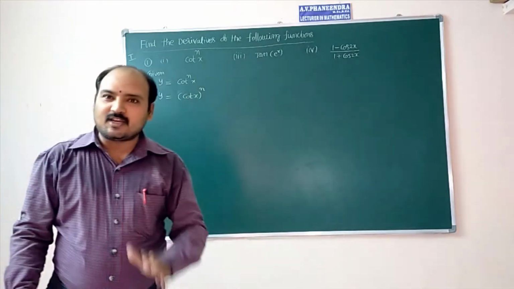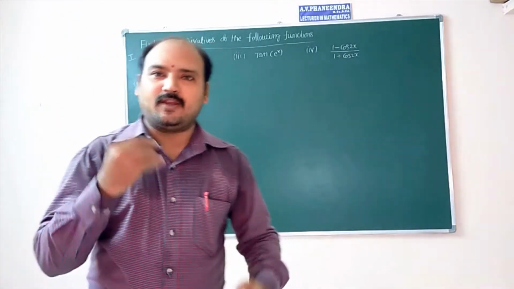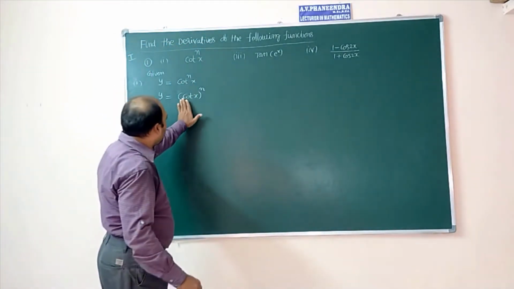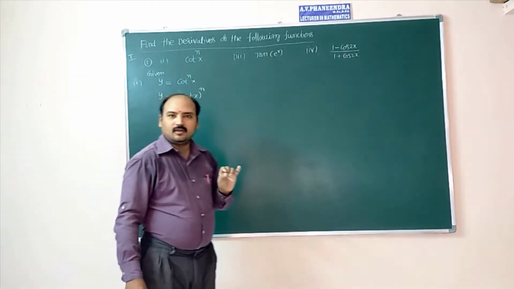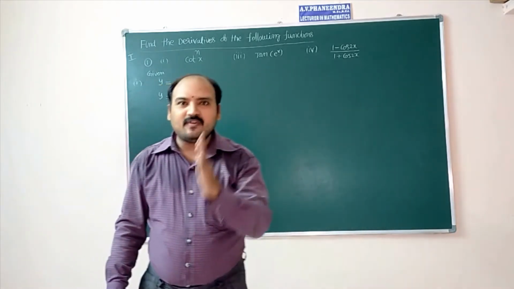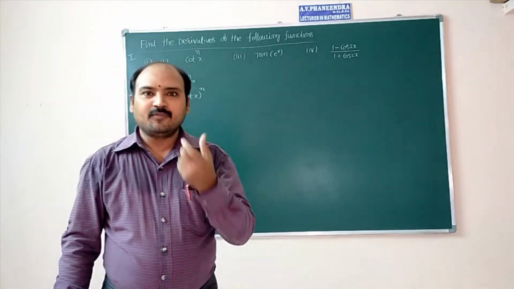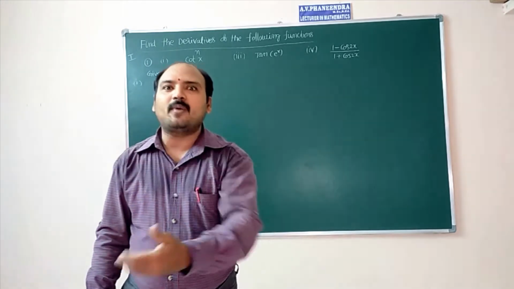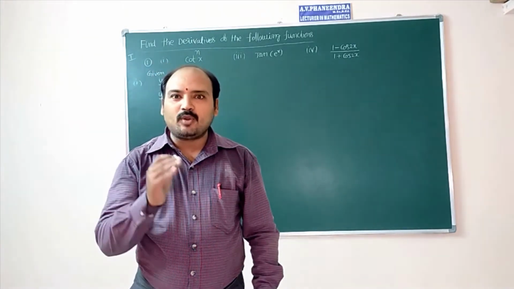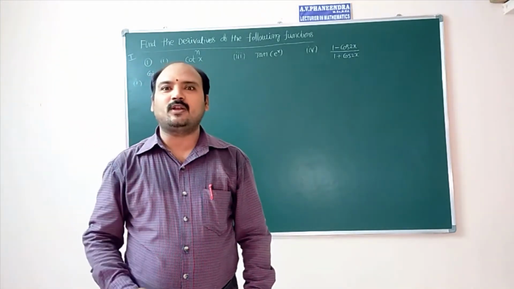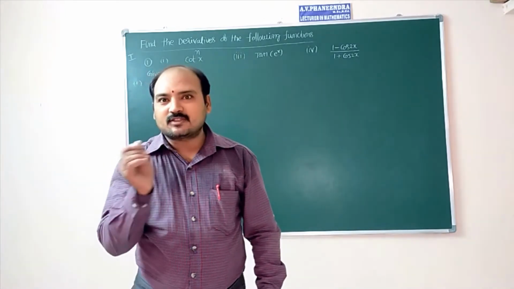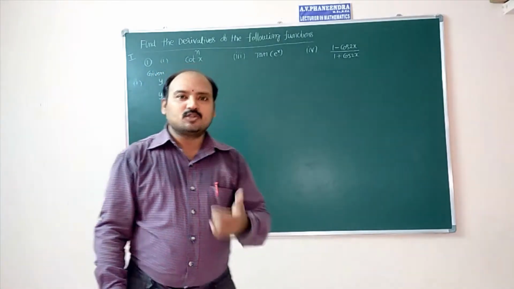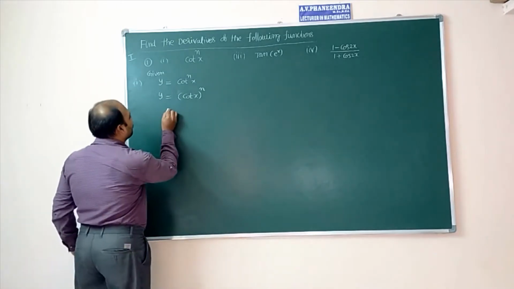It is in the form of f of x whole power n. In previous sessions I discussed that d by dx of f of x whole power n equals n into f of x whole power n minus 1 into d by dx of f of x. So that same procedure we have to follow.